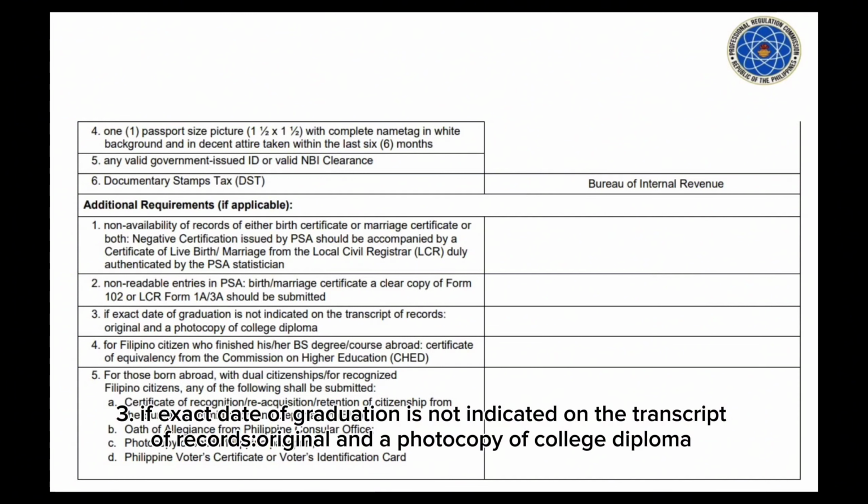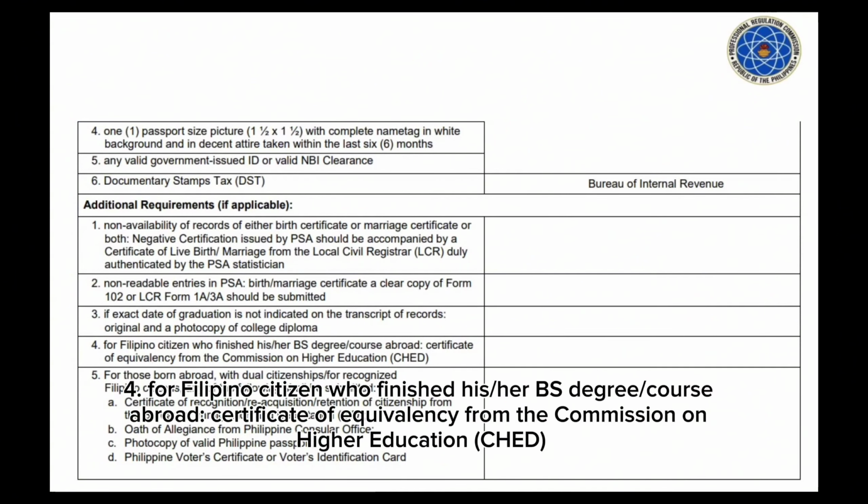3. If exact date of graduation is not indicated on the transcript of records, original and a photocopy of college diploma. 4. For Filipino citizen who finished his/her BS degree course abroad, certificate of equivalency from the Commission on Higher Education, CHED. 5.